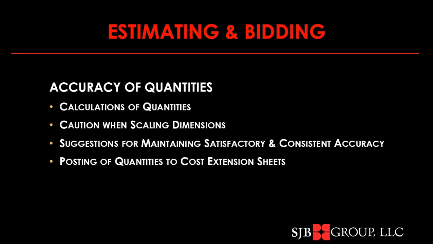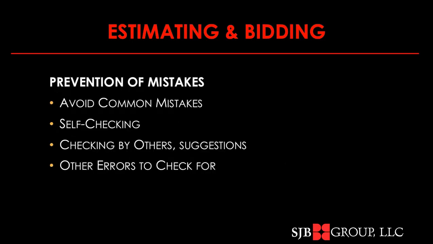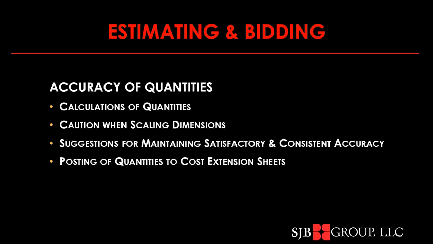For the calculation of quantities, we're going to need a brief description of what the pay item is and where it's located. We're going to have to write down our dimensions, and we're going to list the length, the width, and the depth in the same order every time.